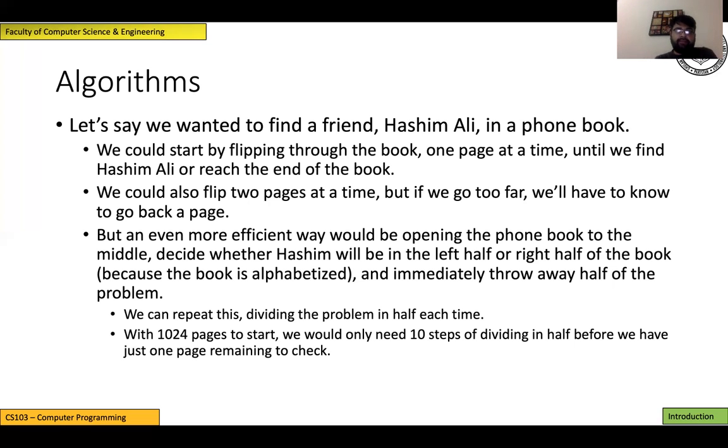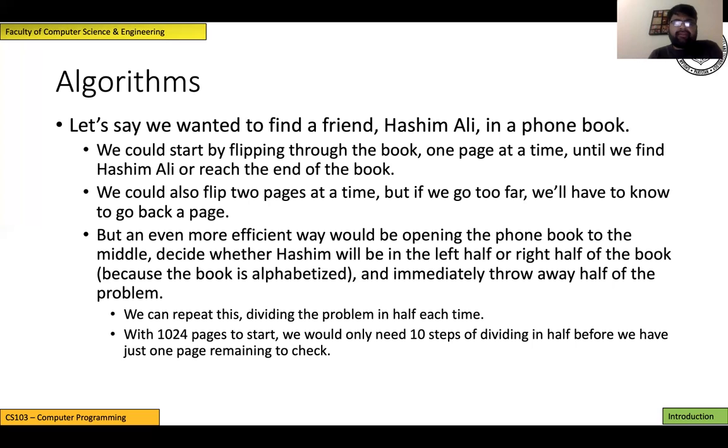So if I open the book and the last name on the page is Abdul Razak, and I want to find Hashim Ali, he is going to be situated in the later pages and cannot be before the person Abdul Razak.